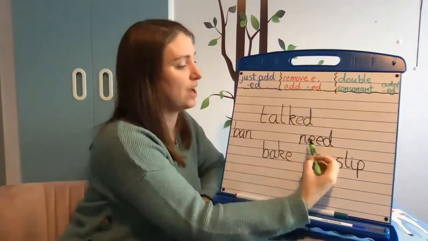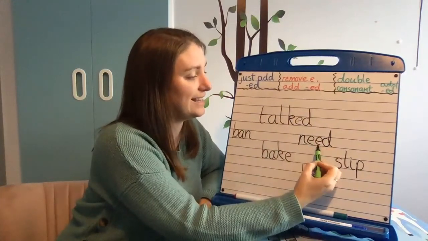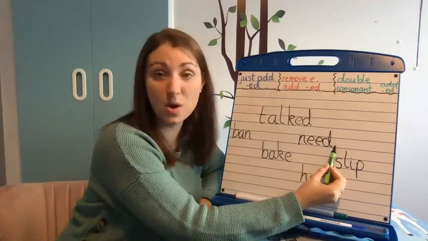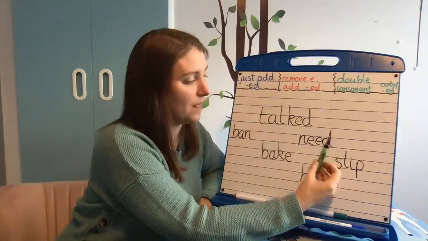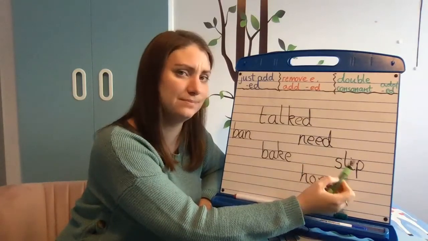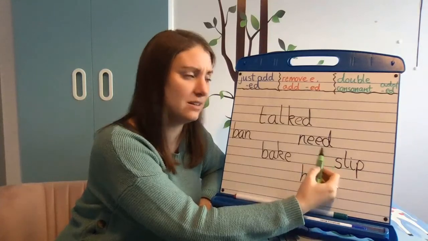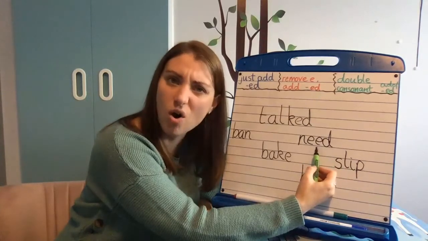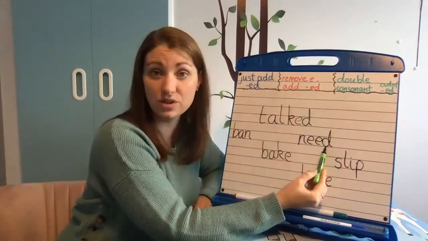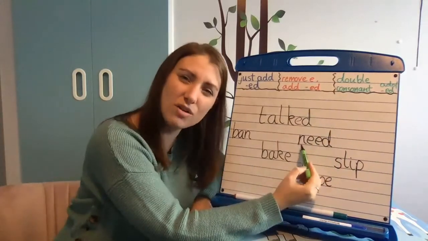Let's try this one, shall we? Need. Well, hang on, there's no E on the end, is there? But is that a short vowel sound? Eed. That's an E, that's long. So we can't be doubling the consonant. There's only one consonant on the end, but it's a long vowel sound.